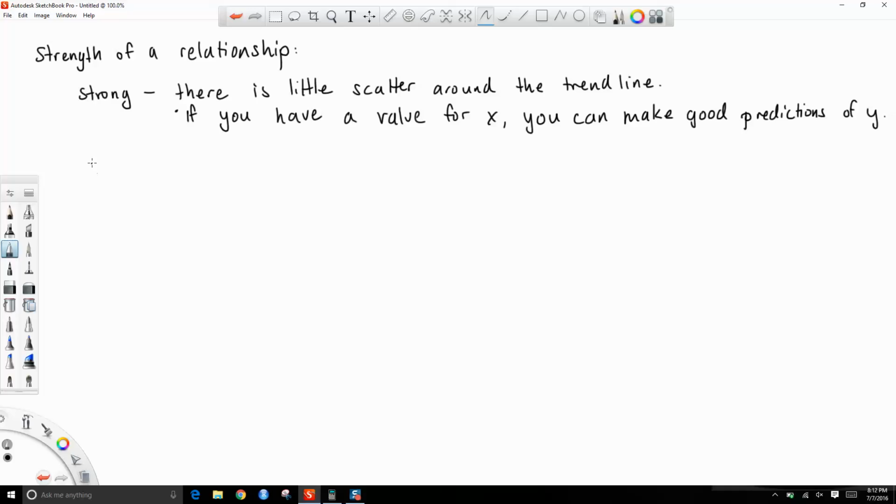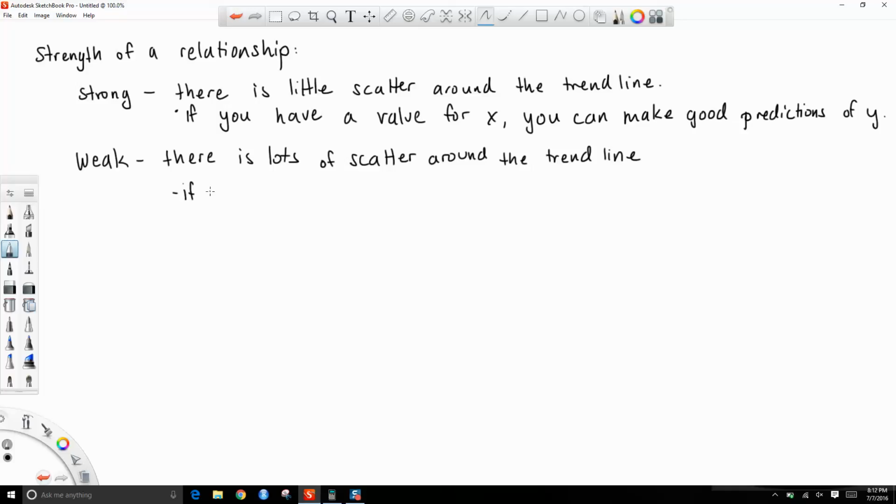And on the other side, if you have a weak relationship, then there is lots of scatter around the trend line. Or in terms of predictions, if you have a value for x, you can still make a prediction for y, but you can't expect it to be very precise.